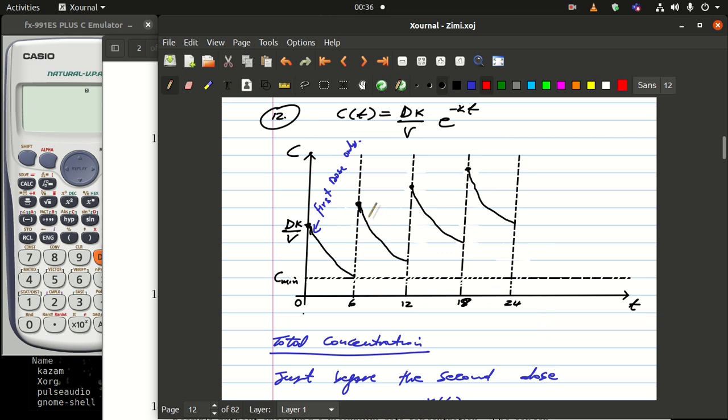If, let's say, now we are talking about the second dose, bear in mind that I'm going to use the same rate. This one was supposed to continue all the way. This one is going to continue to decrease all the way, but it's not going to actually reach this one.